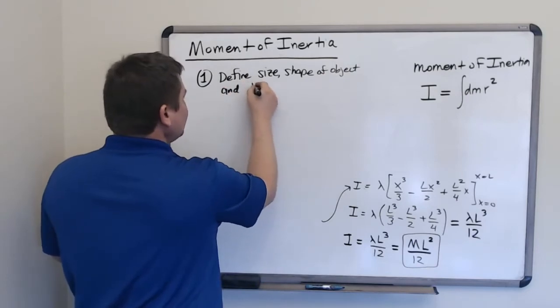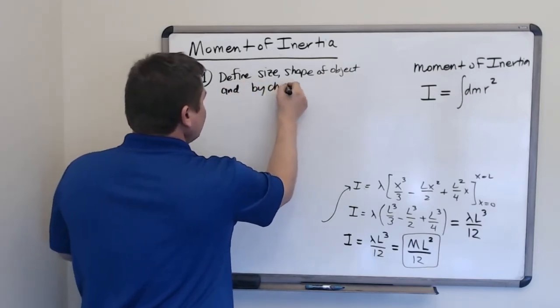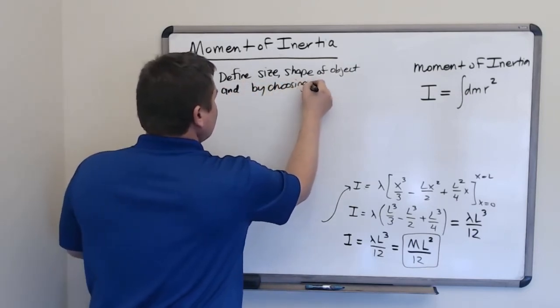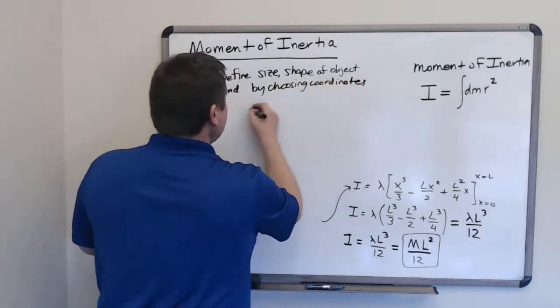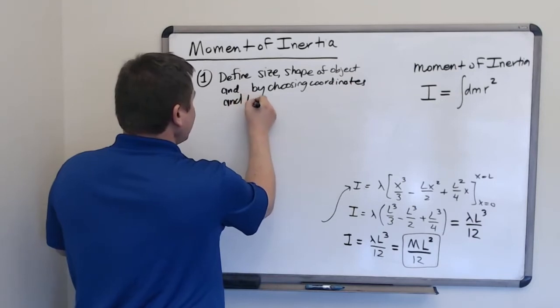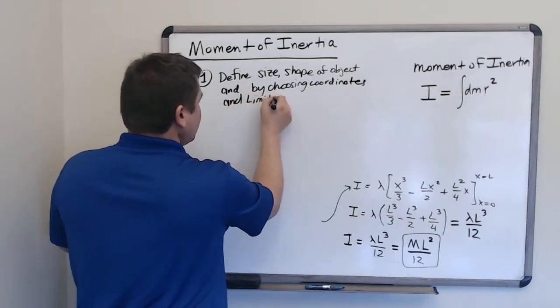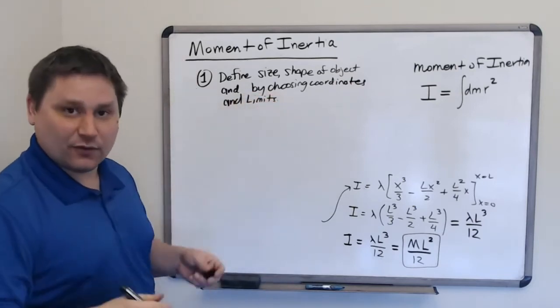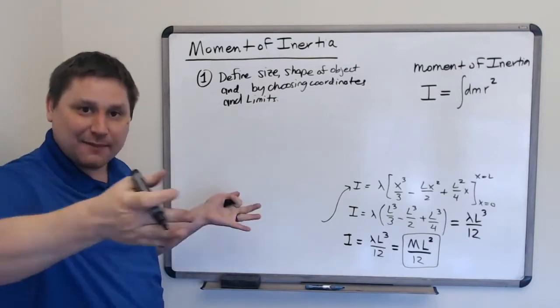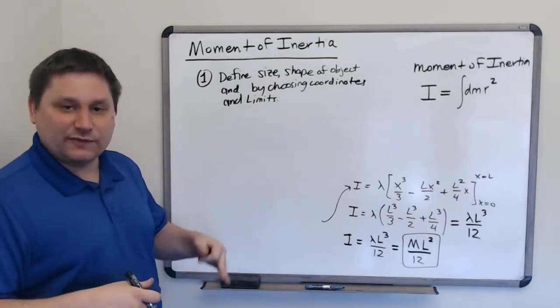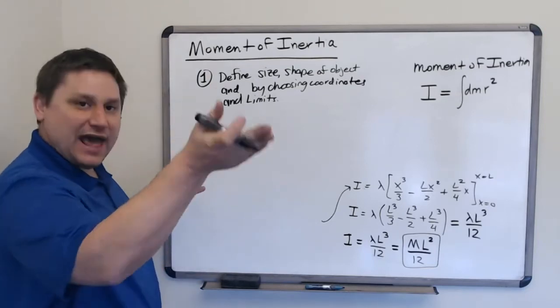And we do this by choosing coordinates and limits for those coordinates to run over. So in our example with the rod, we said x will describe the distance along the rod, and it will be 0 at the left, and it will go up to L at the right.